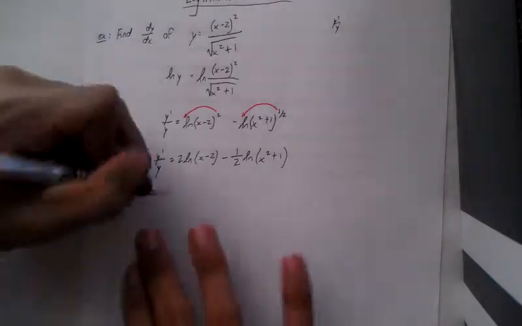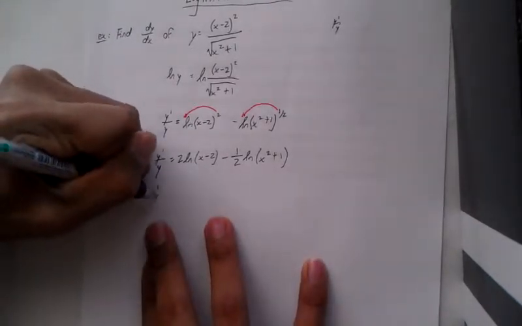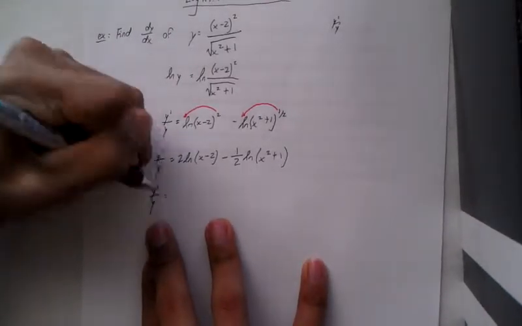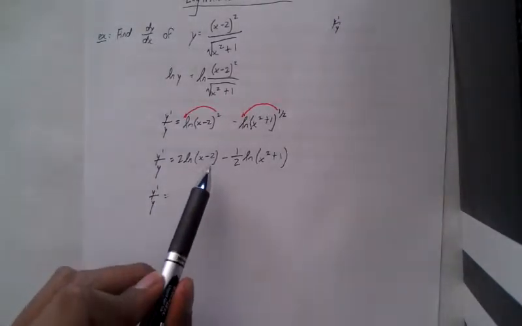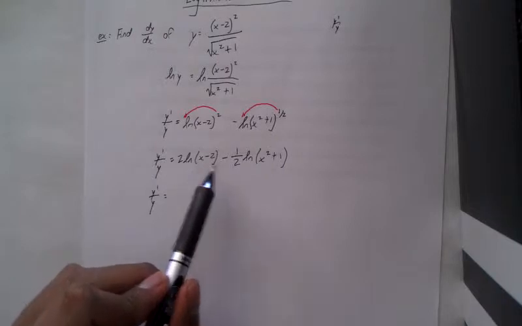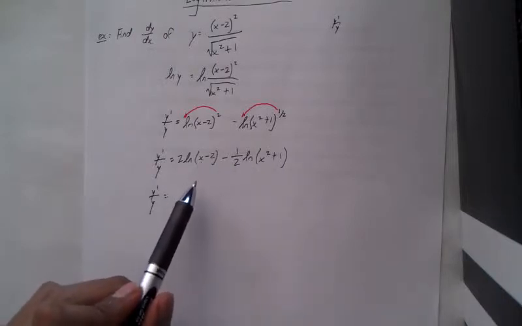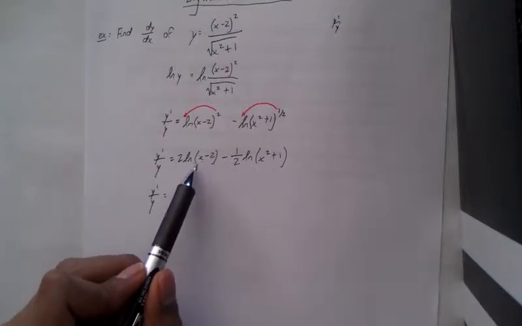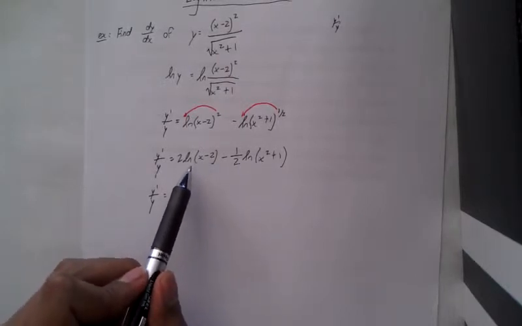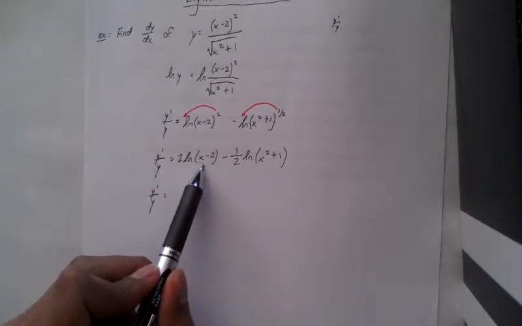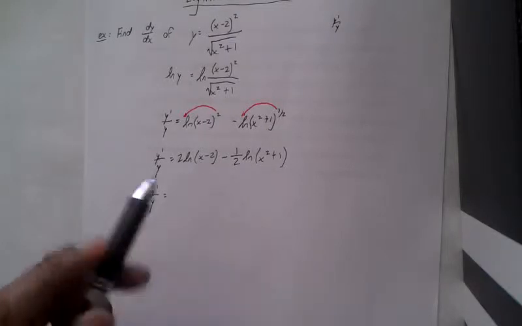Now we're going to complete this in two parts, but since we don't have just the natural log of x, we're going to have to treat the inside of the parentheses as a u.